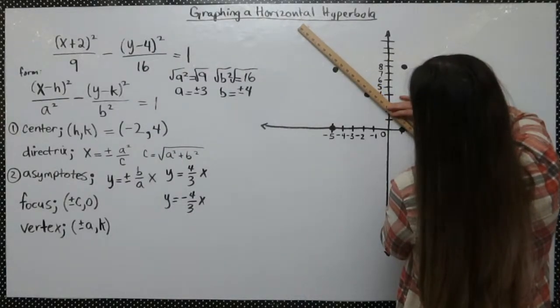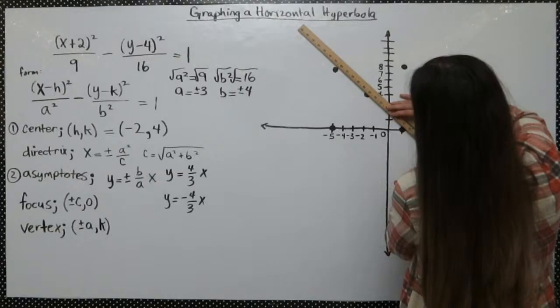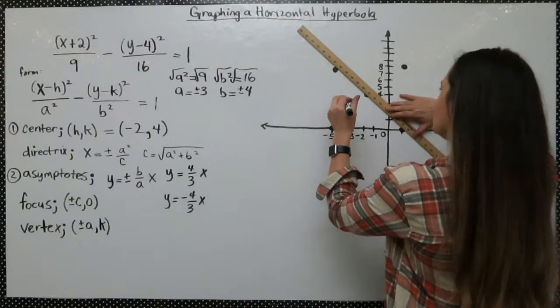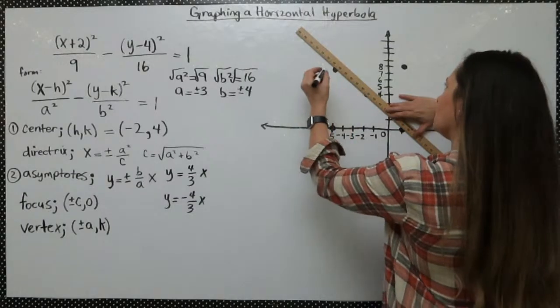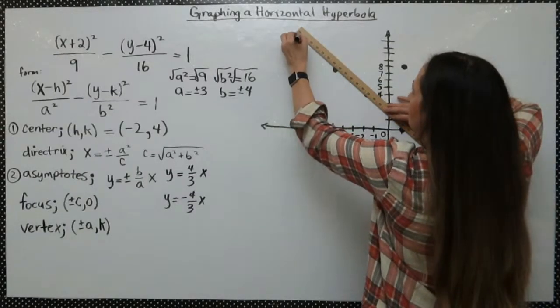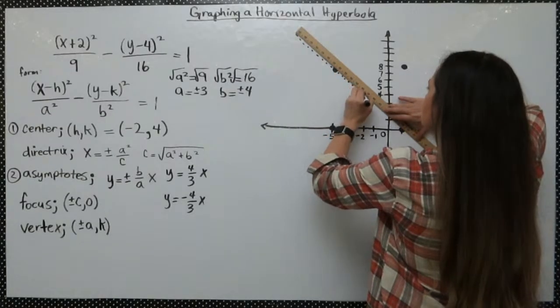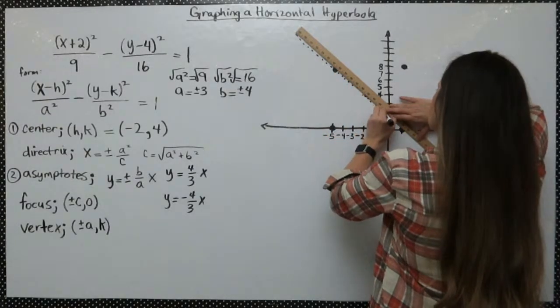Wait, that's the graph that I found, so it has to go through all 3 things. And I'm just going to dash it because it doesn't really exist. It has to go through my center.